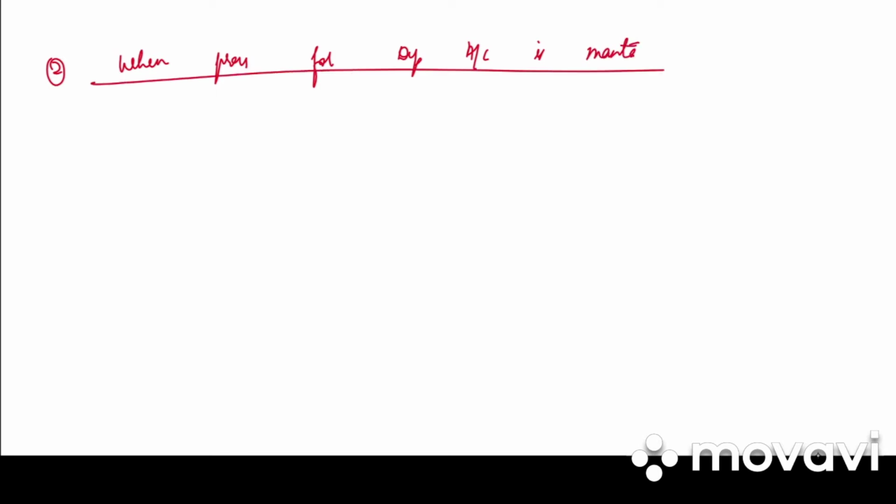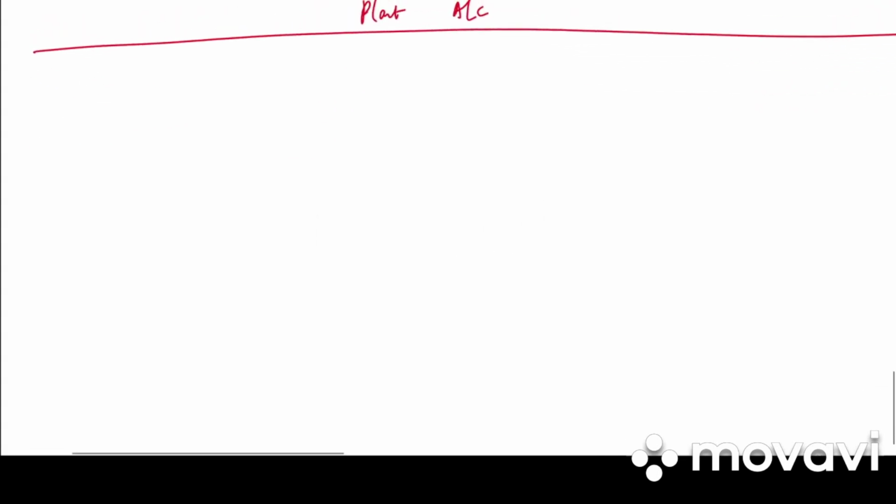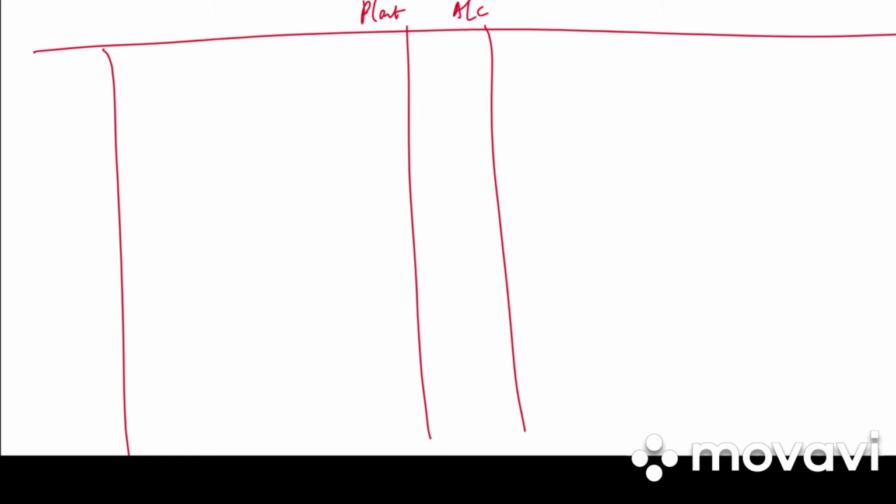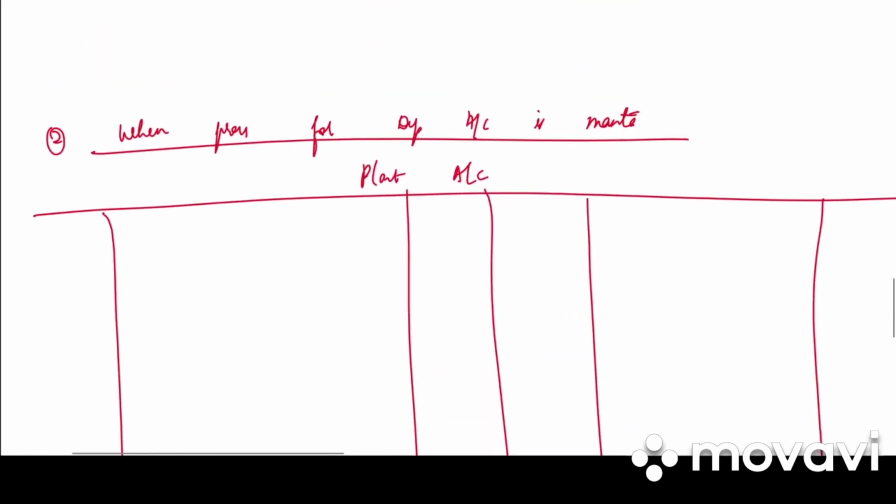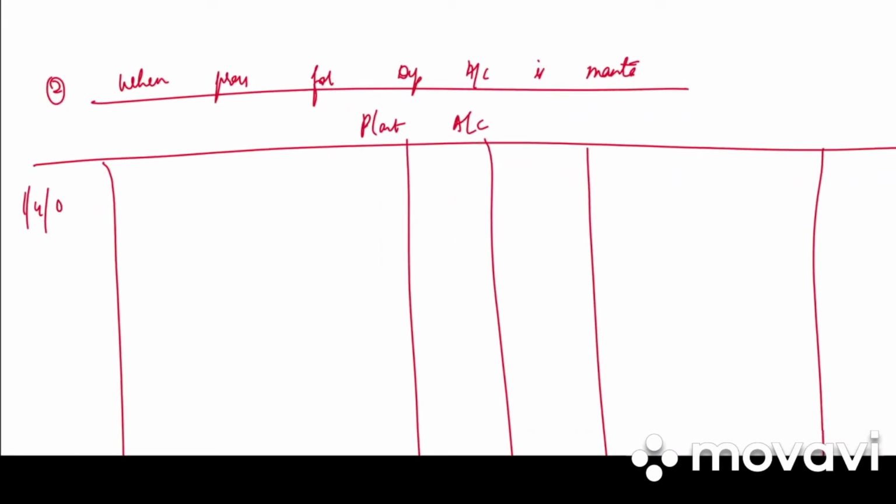Write the second one. When provision for depreciation account is maintained. So in this we will be having a plant account and a separate account which is known as provision for depreciation account. So we have date, particulars, amount, date, particulars and amount. So 1st April 2008 to bank account 5 lakh.